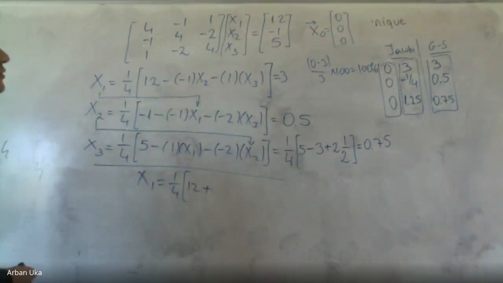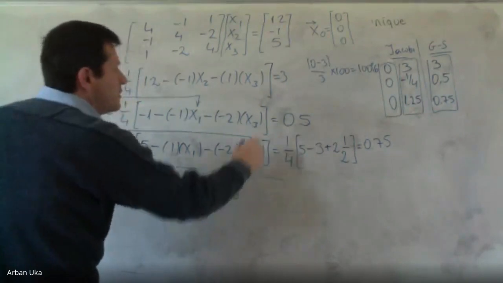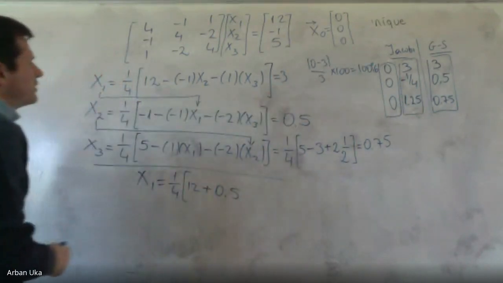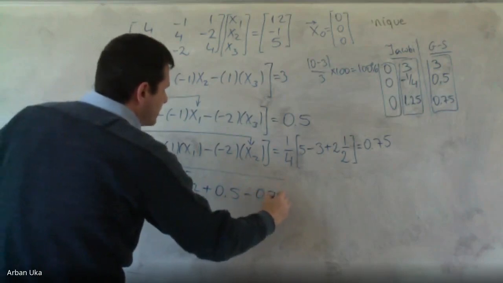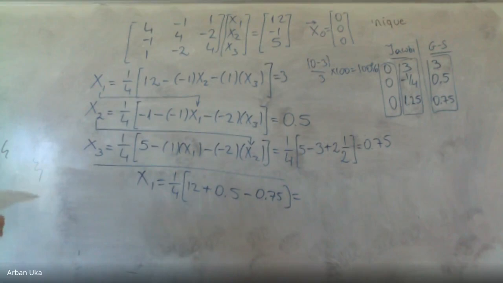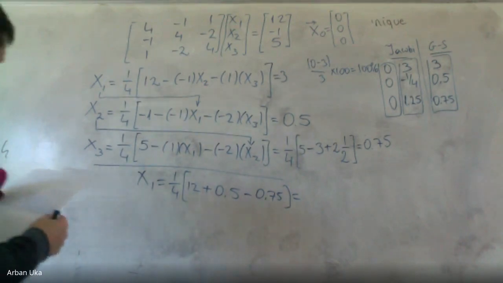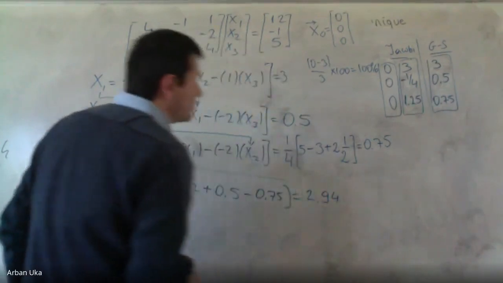What is x2? x2 is 0.5. I'm reading it from here, from the column of the Gauss-Seidel. Minus x3, which is 0.75. Good. So this x1 is equal to 2.9375, 2.94. Let's add this 2.94.